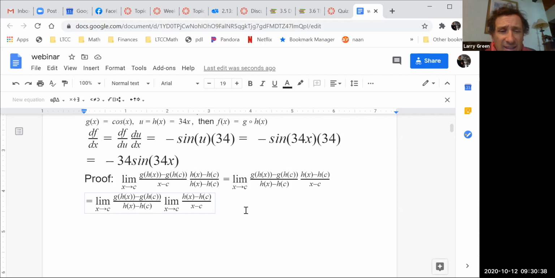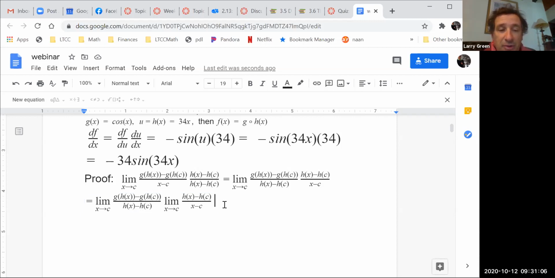All right, now let's look at these 2 pieces. And what are they? Well, the first is we can think of this as g of h of x minus g of h of c over h of x minus h of c. But now the h is the variable. So this is going to be the derivative of g with respect to h.